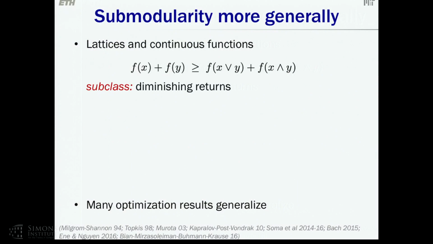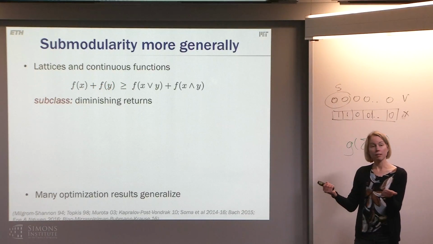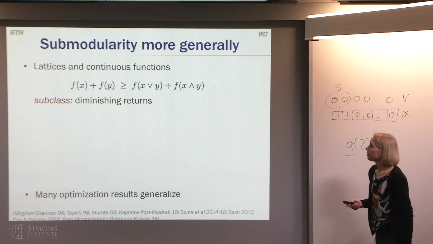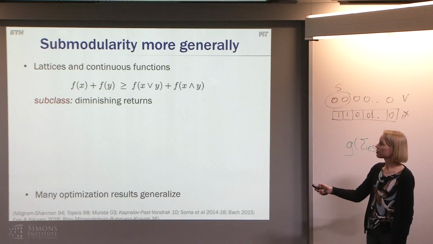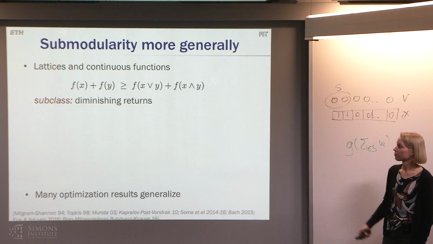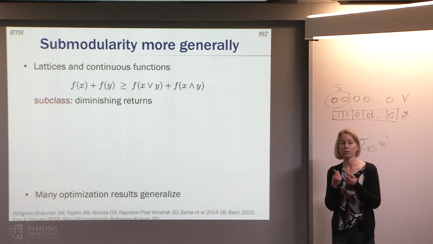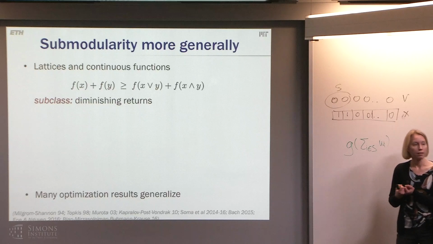And now we have essentially the union and intersection operations become the join and the meet, which means we take element-wise maximum and element-wise minimum of my vectors, coordinate-wise. So if my function now satisfies this inequality, which is basically the same as the union and intersection inequality that we saw, then this is a submodular function. So in this setting, actually, diminishing returns and submodularity are not strictly the same anymore. Diminishing returns is stronger than submodularity.